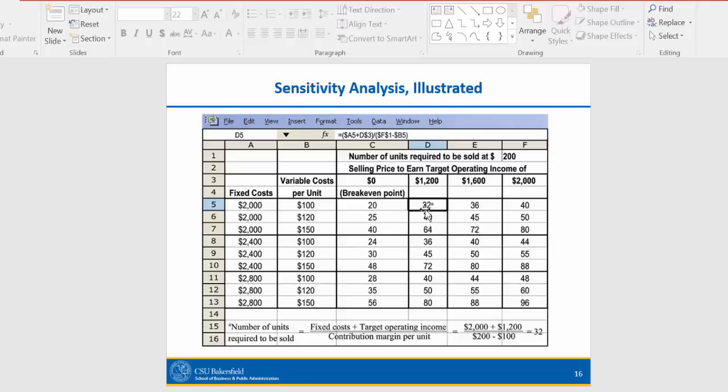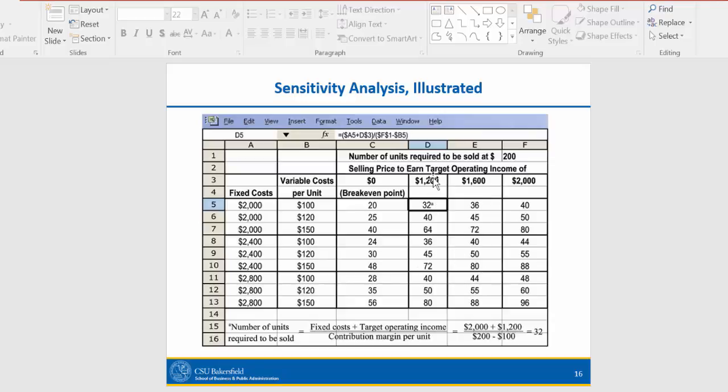Then you have the formulas for most of the sales, and you can play with those numbers. So you can look at what happens if the fixed cost increases, and if the variable cost per unit increases, and how that affects the break-even point and other issues.